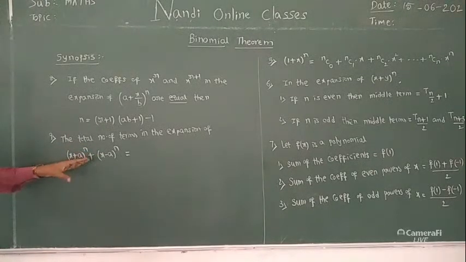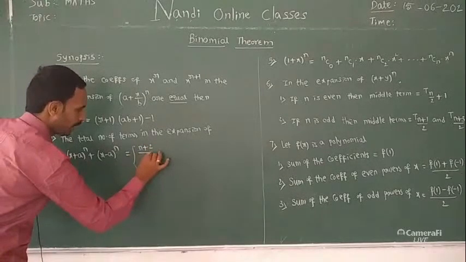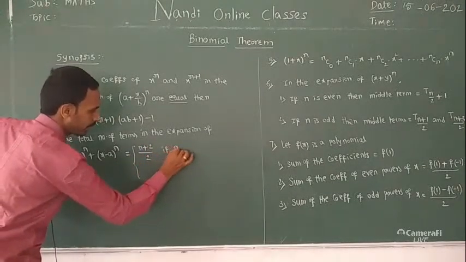If you simplify, how many terms are remaining? After simplification, how many terms are there? So the formula is n plus 2 by 2 if n is even.